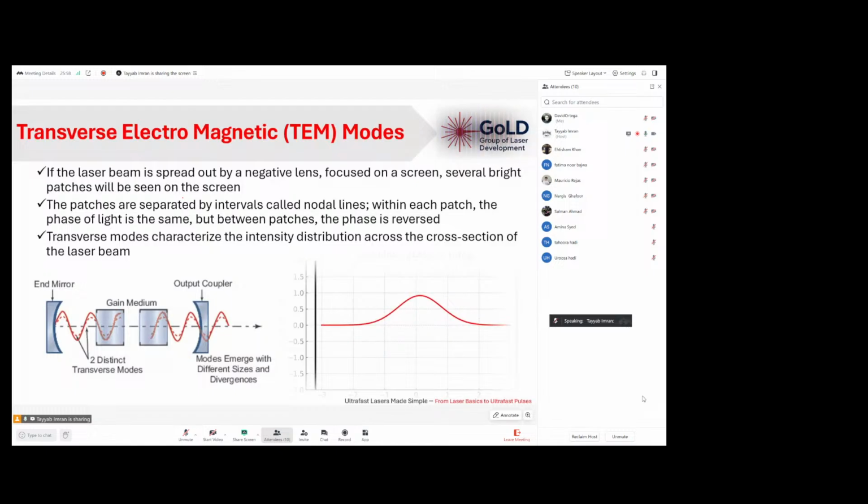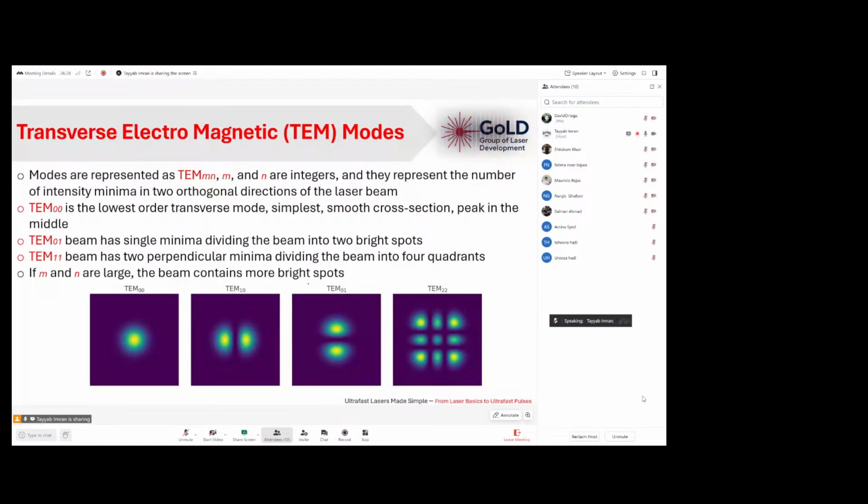Like here, you can see patches: black, white, black, white, black, white. These are the patches you can see on a screen.